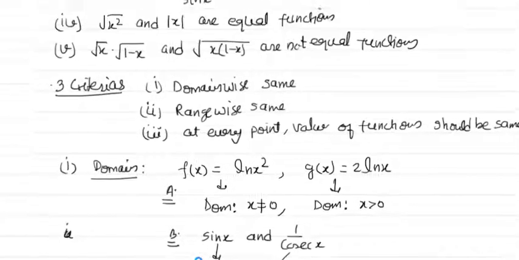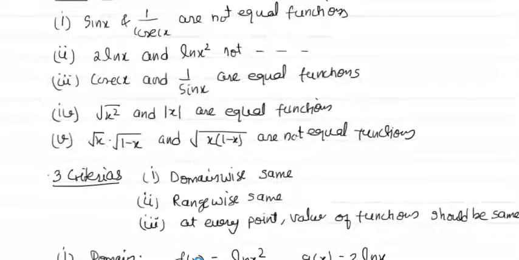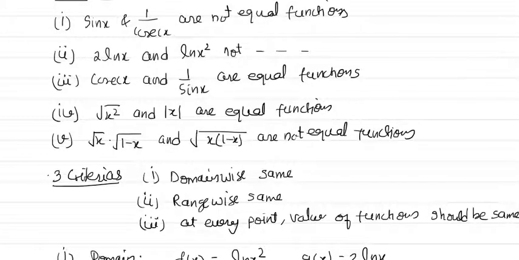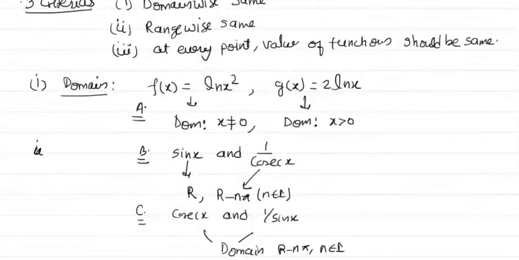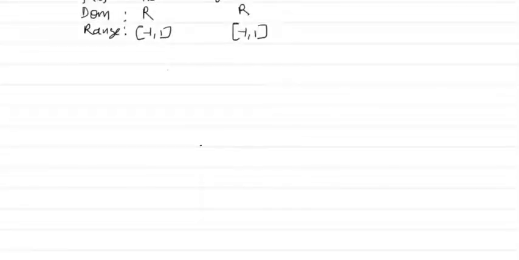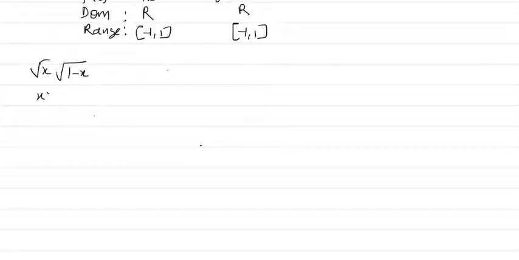So we have discussed more or less all the functions: sin x and 1 by cosec x, 2 ln x square, cosec x and 1 by sin x. Now the fifth one: domain wise, they are not equal. For under root x and under root 1 minus x, you get x greater than or equal to 0 and 1 minus x greater than or equal to 0.